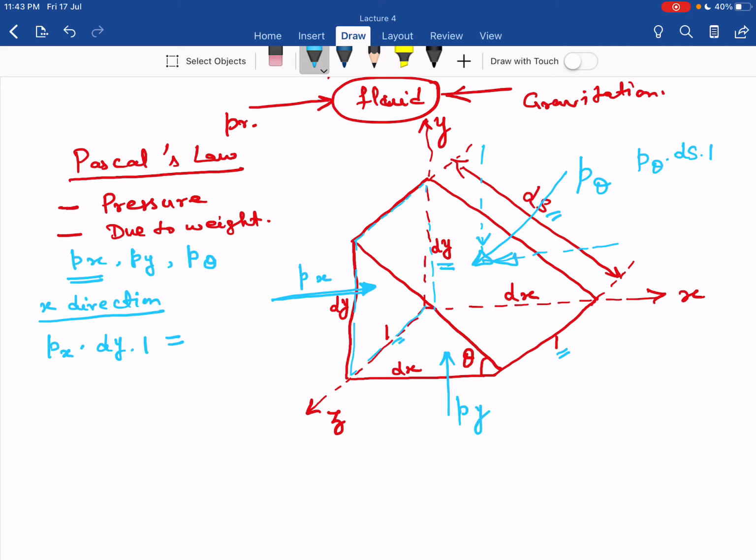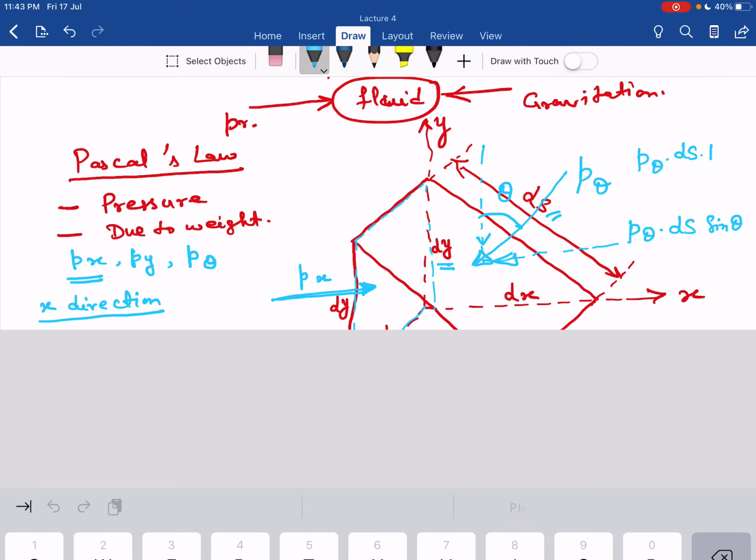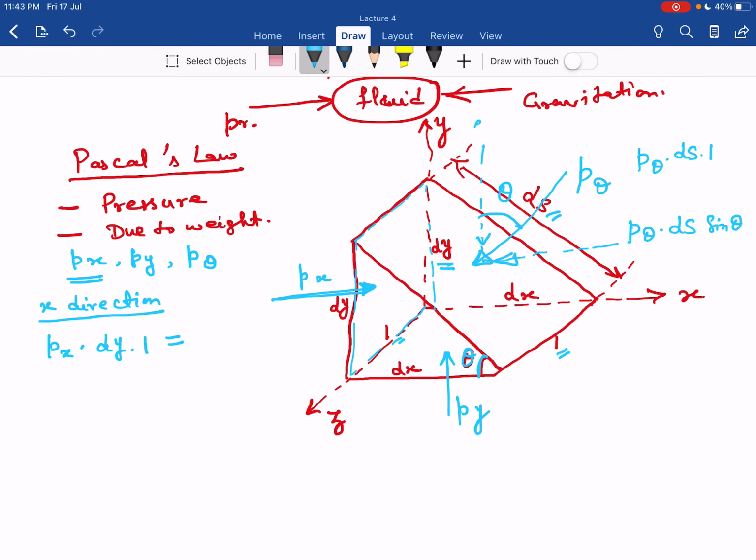Okay. And if this angle is theta, so you have this angle also as theta. So this component becomes p theta into ds into sine theta, and the vertical component is p theta ds into cos theta.